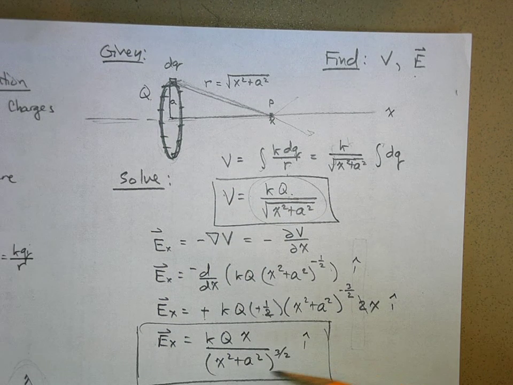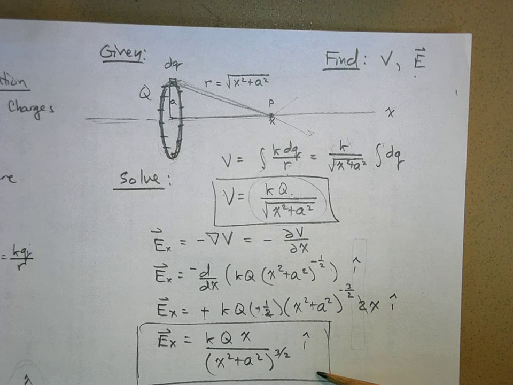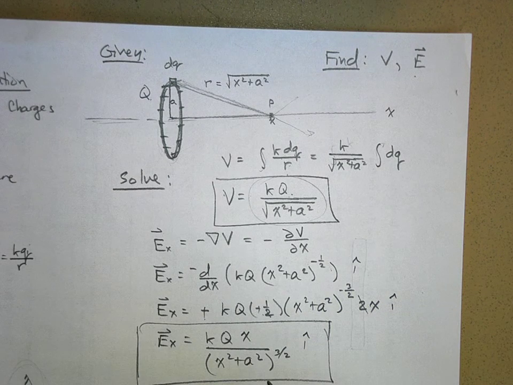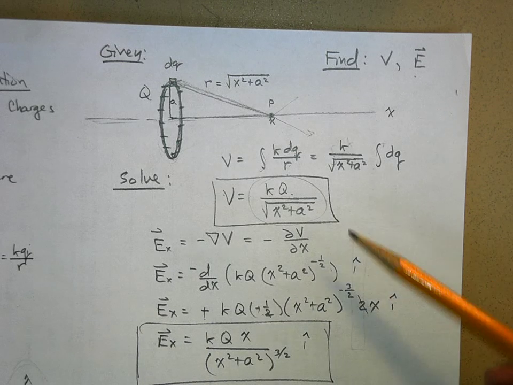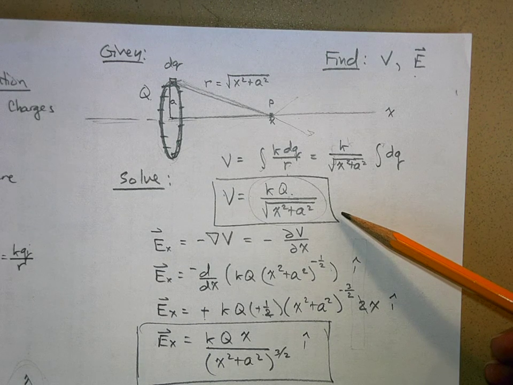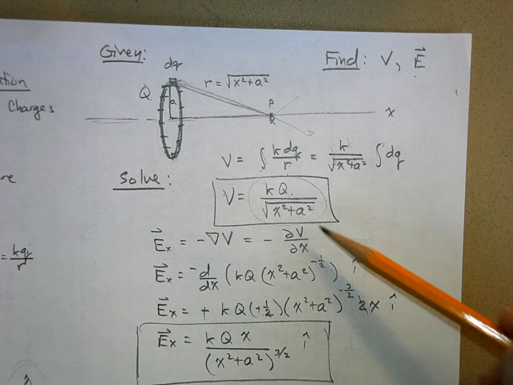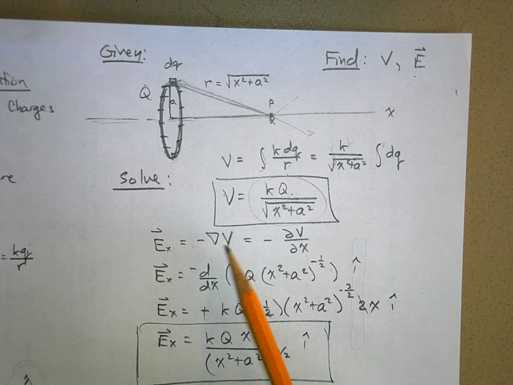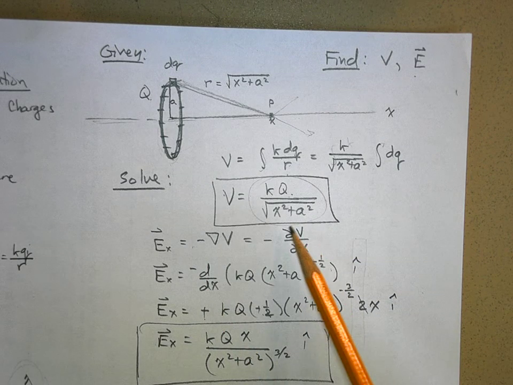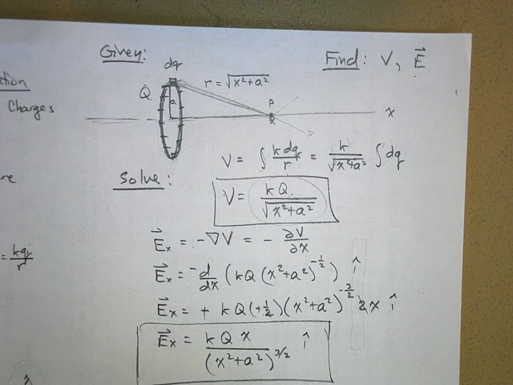Now, believe it or not, this is easier than finding the electric field directly. And that's why physicists will try to find the voltage equation, and then from the voltage equation take the negative derivative of that voltage equation to find the electric field.